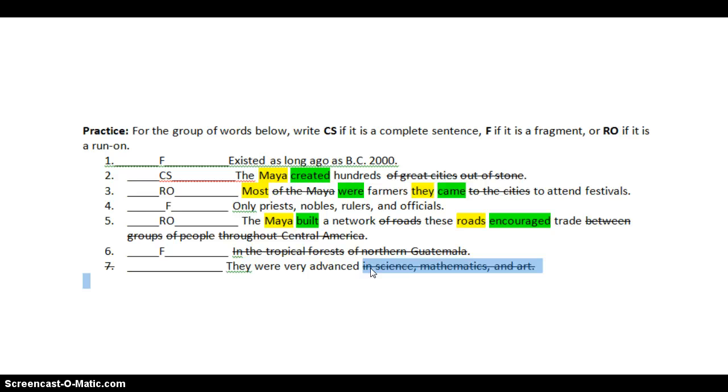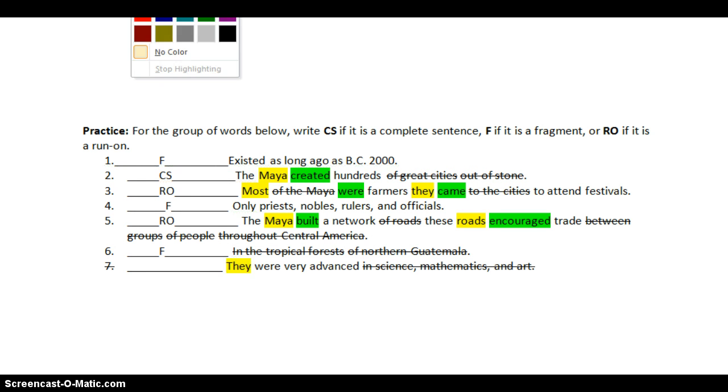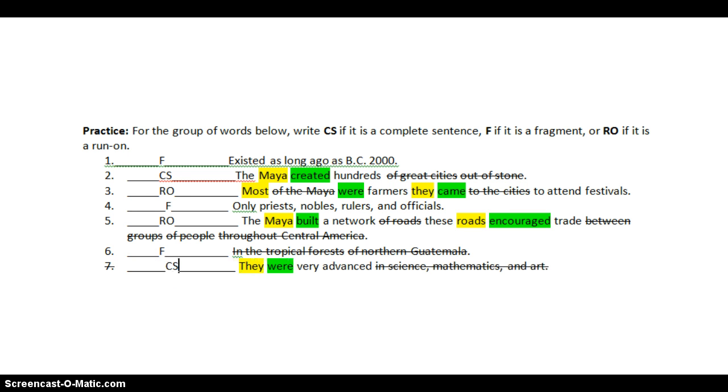This one actually has a compound OP, so science, mathematics, art are all 3 OPs that belong with in. So just FYI, extra info there. They is going to be your simple subject, and were is going to be your simple predicate or verb. And so this is going to be a complete sentence.